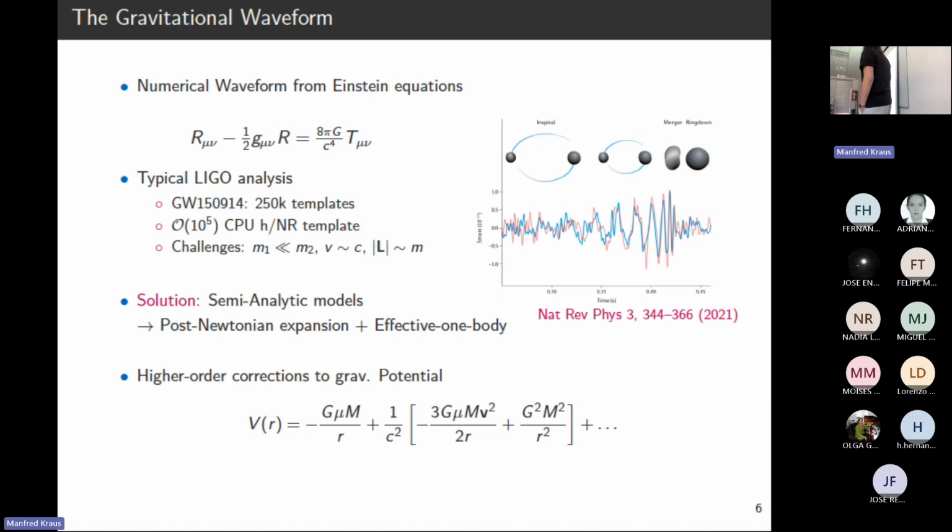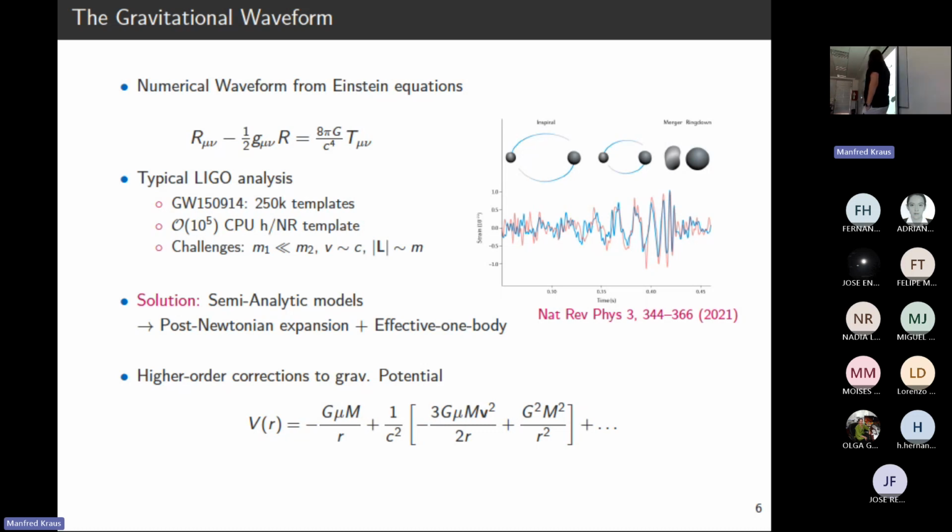And these semi-analytical methods usually rely on some kind of expansion, and historically tested was the post-Newtonian expansion, and all of these things are combined via an effective one-body approach. I will talk a little bit about this in the end.